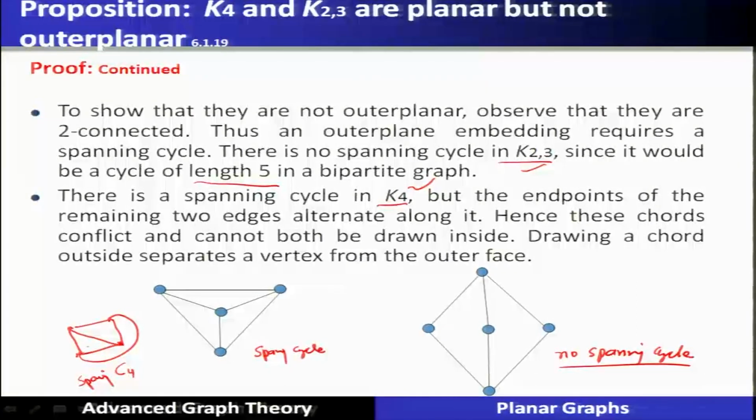The endpoints of the remaining 2 edges alternate along this particular cycle. So they will alternate. Hence these chords will conflict, and cannot both be drawn inside.